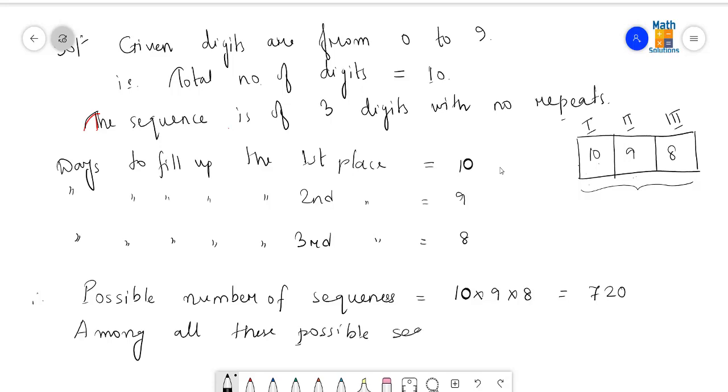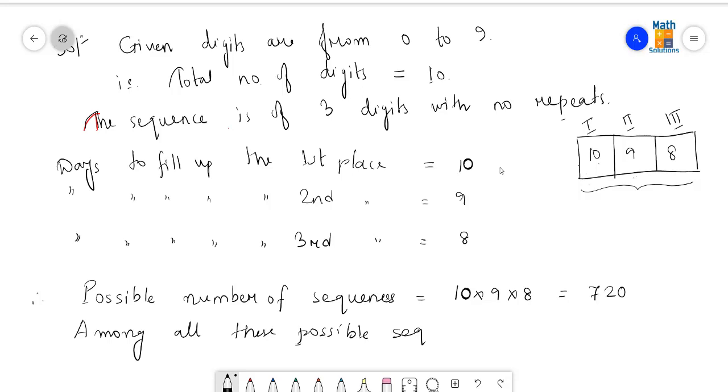Suppose 720 is the possible number of sequences. 720 passwords we cannot have, yes or no? There is only one password, only one sequence possible here. That is why that 1 we have to subtract from the total number of sequences, and the remaining will be the total number of unsuccessful sequences.